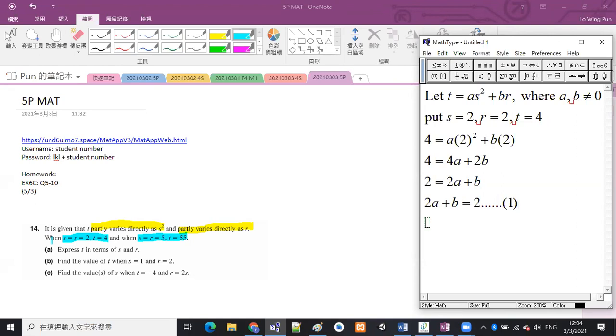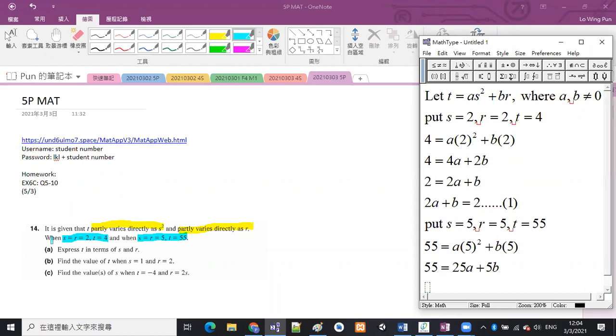Okay, and then the second group of numbers will be putting s equals 5 and r equals 5 and t equals 55. Okay, can you get this? And put into our equation. So we get 55 is equal to a times 5 squared plus b times 5. And then simplify term by term. 55 is equal to 5 squared is 25 times a is 25a plus 5b.